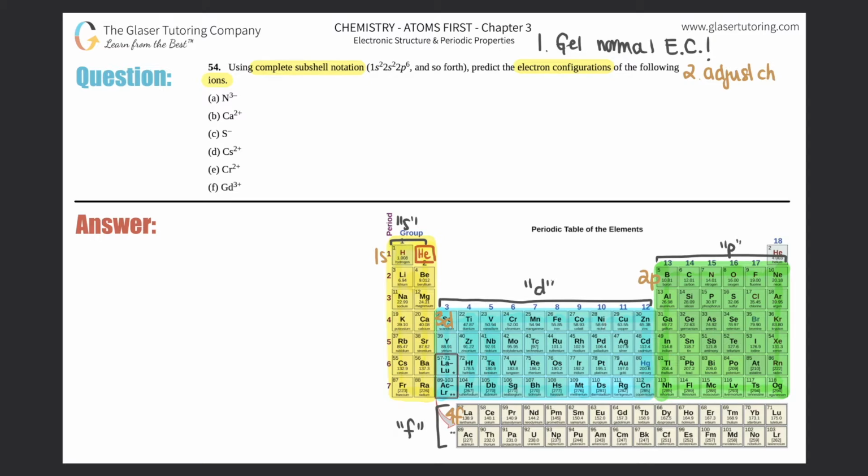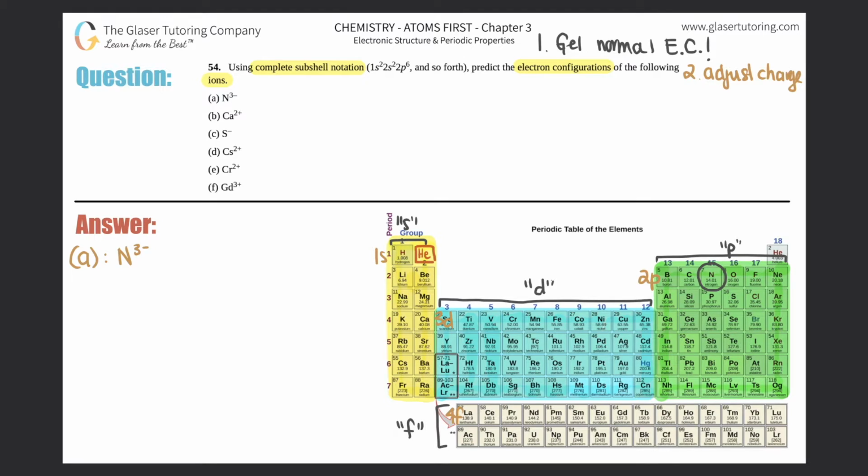So adjust charge. For A, I'm going to pretend that nitrogen has no charge. So I'm just going to write the electron configuration for nitrogen. You always start with number 1 because they don't want the shorthand version, and you have to go to nitrogen.